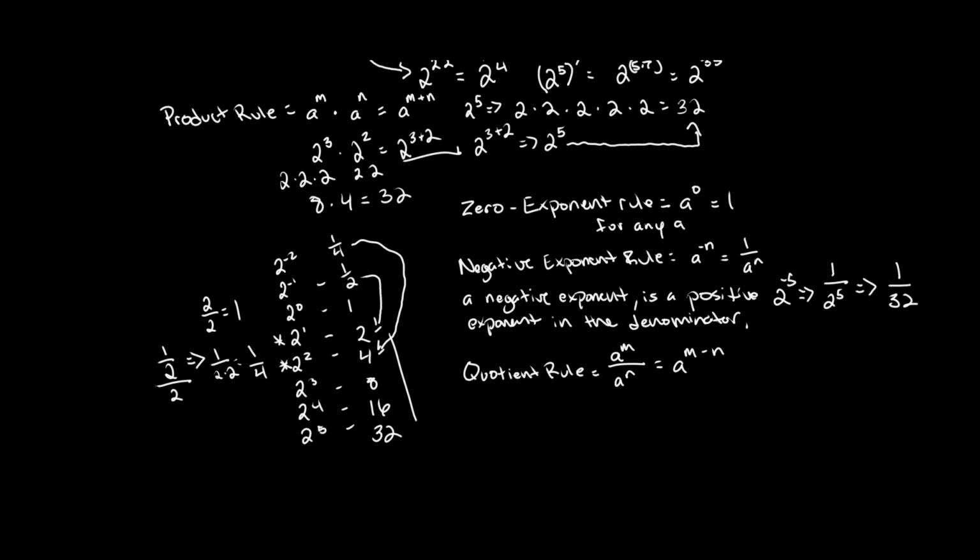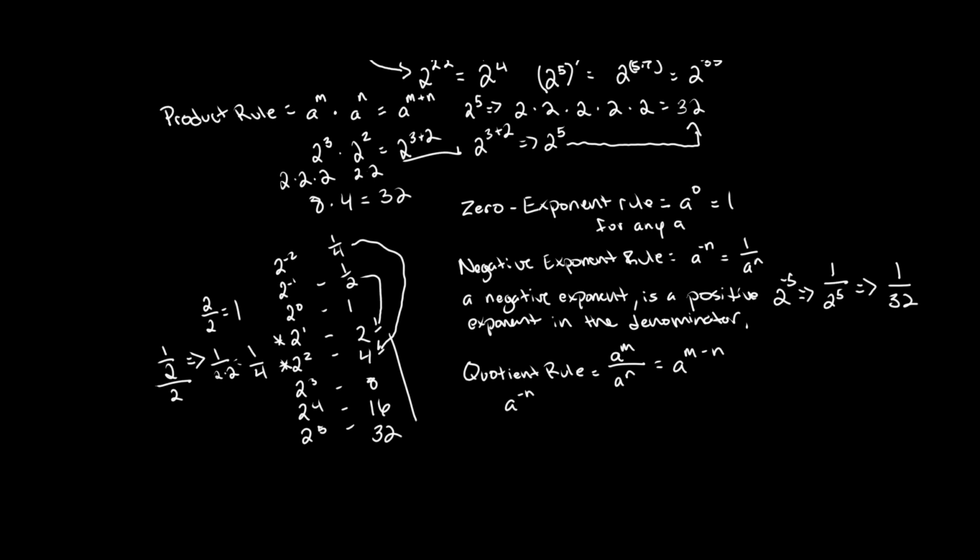That should seem pretty evident at this point, because a to the n in this denominator is the same as a to the negative n, right?